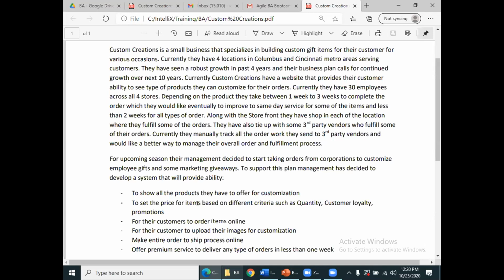So basically, reducing the turnaround time of something. When they are putting more people in it, like a third party vendor, it will increase the quality or the delivery.